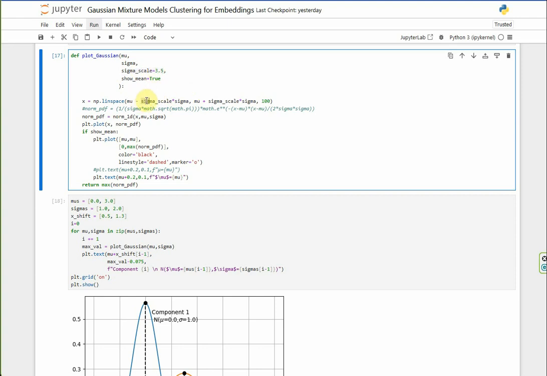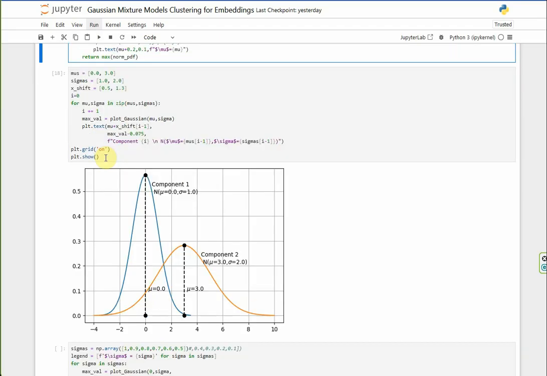So this range of 3.5 contains almost 100% of the entire probability density for the normal distribution. Here you can see 2 different normal distributions with different parameters. The first, blue line, the normal distribution is called a bell-shaped curve, is for mean value 0 and standard deviation 1. The second normal distribution is for mean value 3 and standard deviation 2.